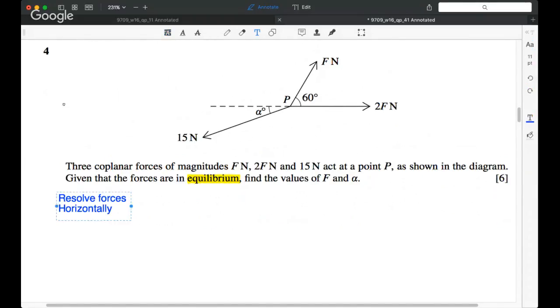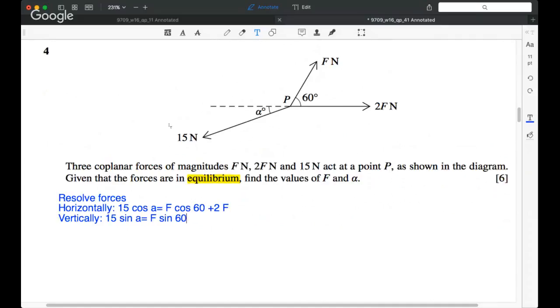Horizontally speaking, that is saying that 15 Newton, that's this force here, times cos alpha, that's the total force pulling to the left, will be equal to F times cos 60 degrees plus 2F, and vertically it's saying that 15 times sine alpha will be equal to F sine 60.